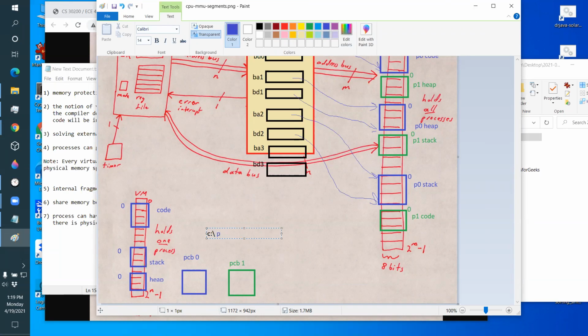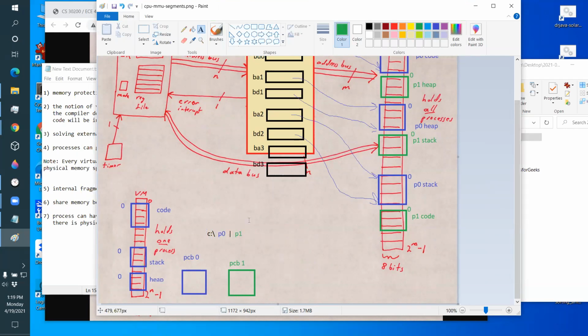So process 0 piped into process 1. Suppose we had a command where we wanted to do something like this. That means that the output from process 0 has to go somewhere and the input to process 1 has to read from it. That can be done with a shared segment.